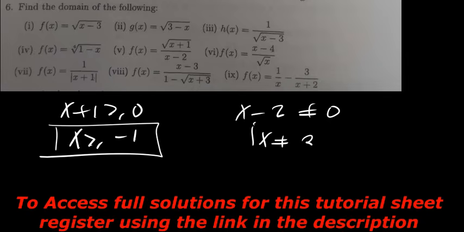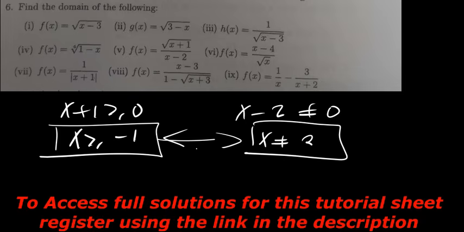Now I've got two things. So you have to combine these two. But how can you combine them? Look at what is happening. The numbers of x should start from negative 1 going to positive infinity.